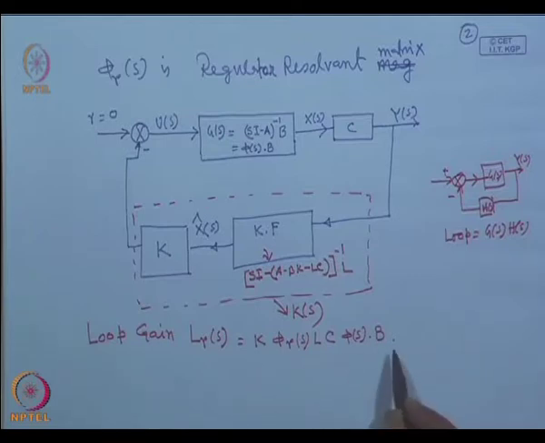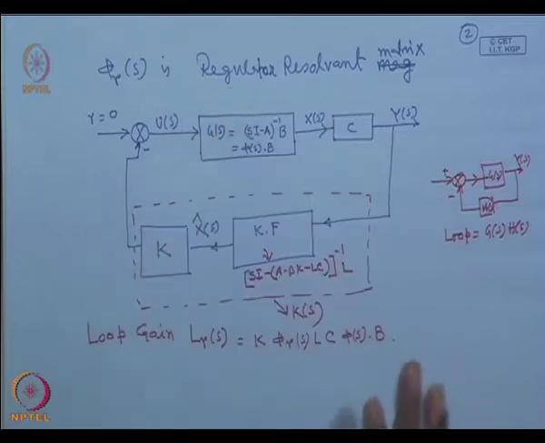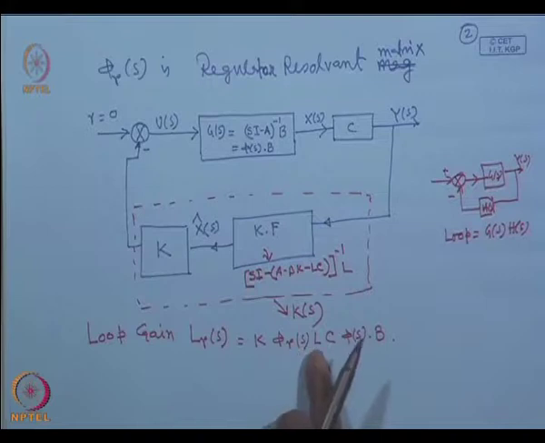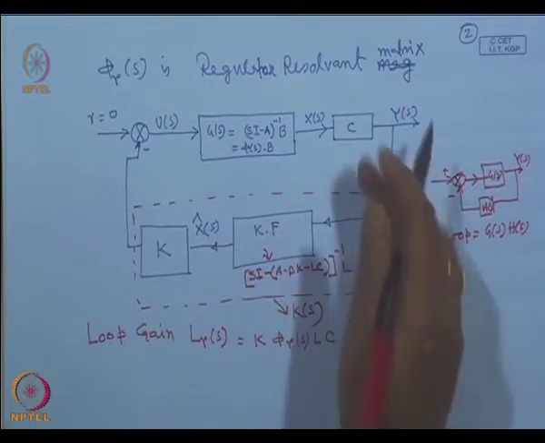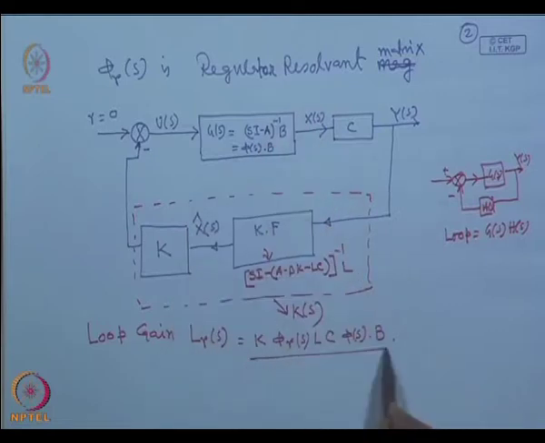This is the loop gain of this Kalman filter based controller. When we have designed the Kalman filter based controller, the loop gain is K phi_R, then L, then C, then phi B. So this is the loop transfer function.